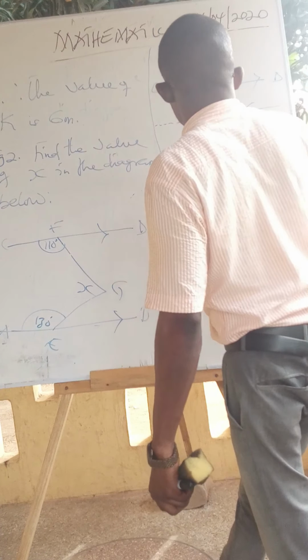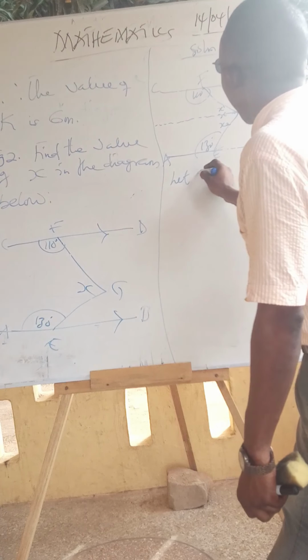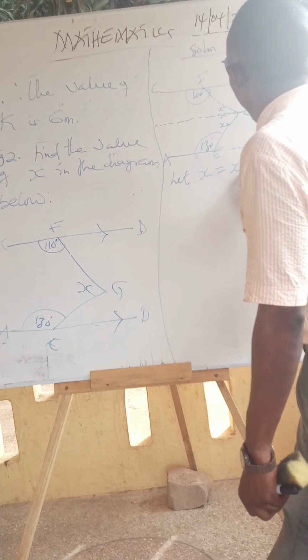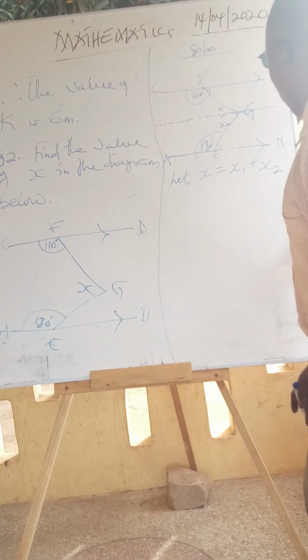You will now say, okay, here is E, F. How do you describe here? Let x equal to x1 plus x2. When you do this, you can say let x equal to x1 plus what? x2.